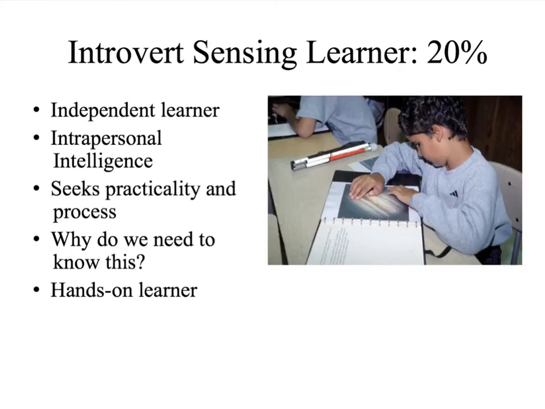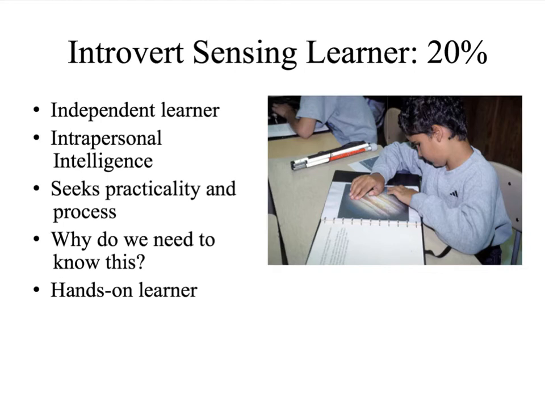Next, you have the introvert sensing learner, which tends to represent about 20% of your students. The introvert sensing learner is going to be more independent. They are going to have more solitary tendencies and be more intrapersonal as opposed to interpersonal, which means they're more self-reflective.